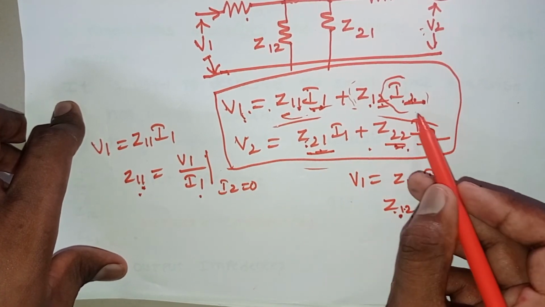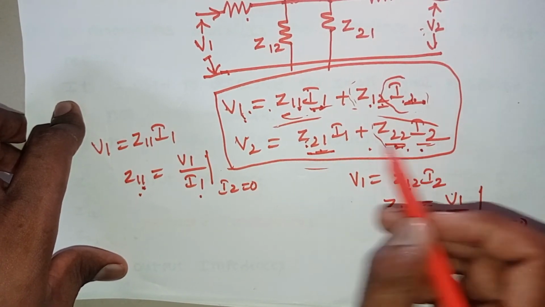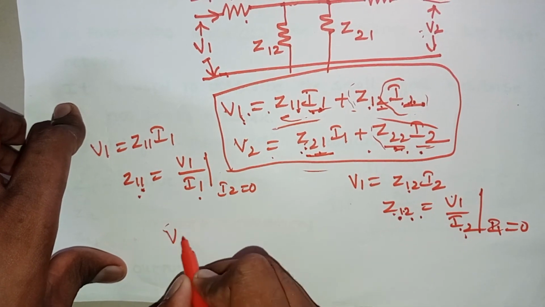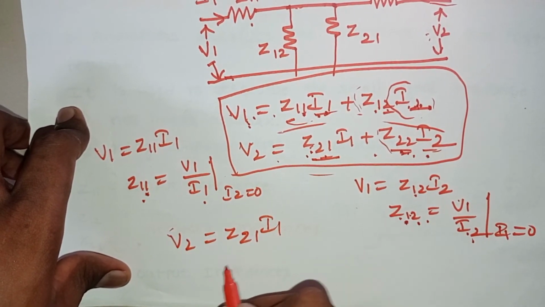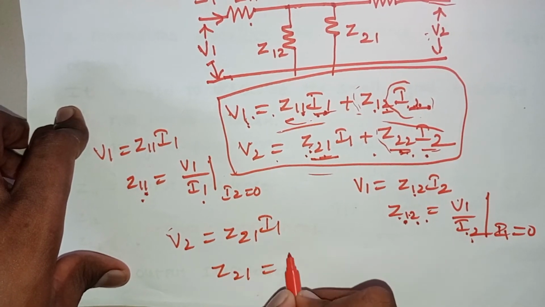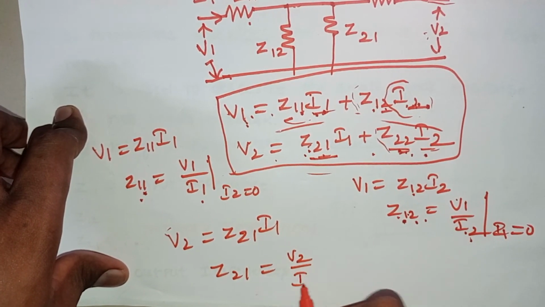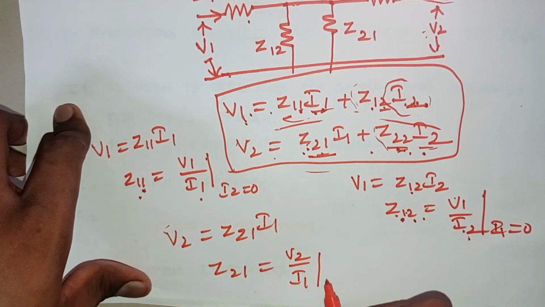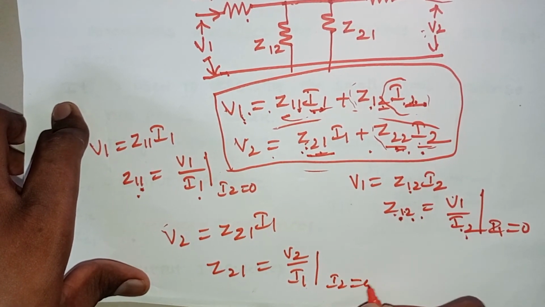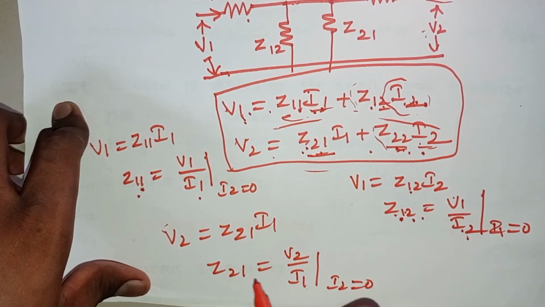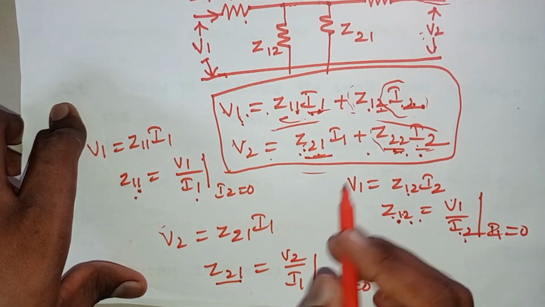If I2 equals 0 the entire term becomes 0, then we have only V2 equals Z21 I1. From this, Z21 equals V2 by I1, only when I2 equals 0. We get the Z21 value also.